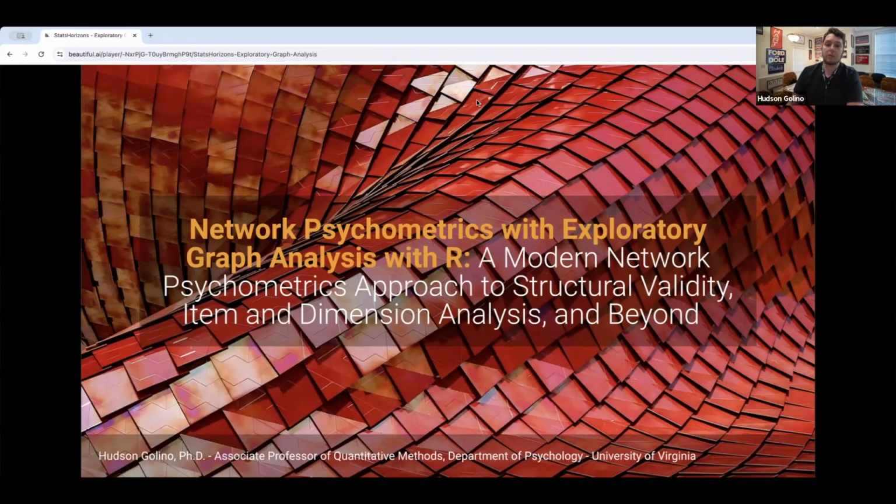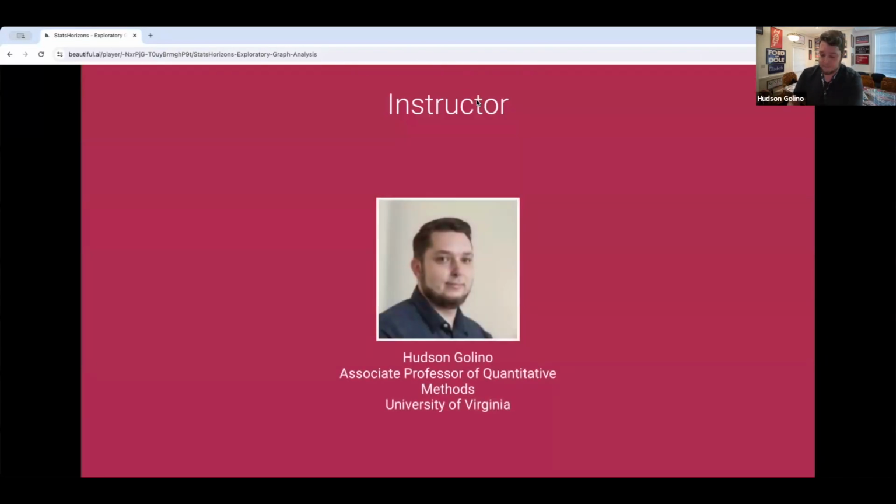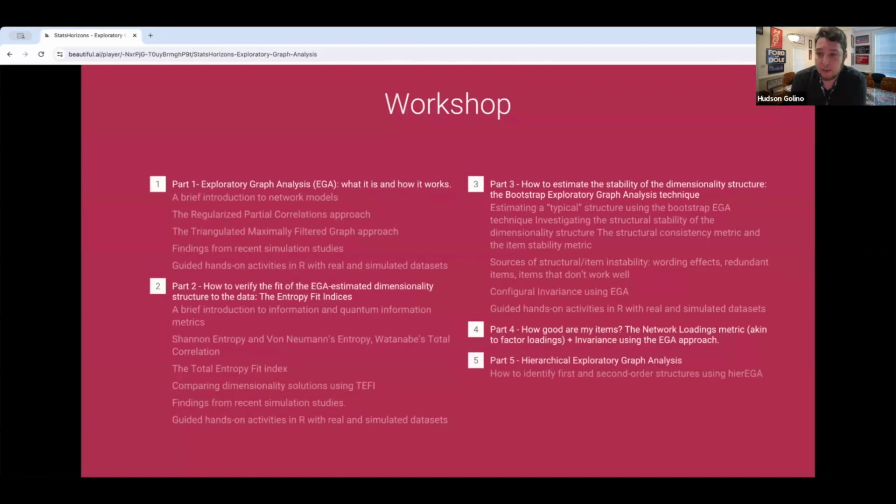Now, let me go to the slides. Okay, so Matt already introduced me, and let me now introduce the workshop and what we'll see in the next 4 days. The workshop is split by part.